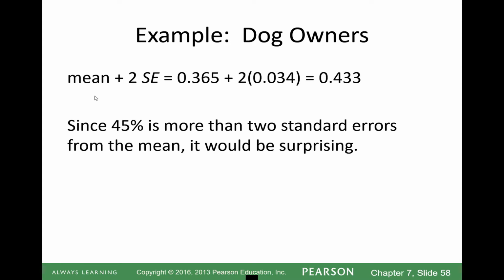So the mean plus 2 standard errors would be 0.433, and 0.45 is more than 2 standard errors from the mean. That would be surprising. It's going to be outside that interval.